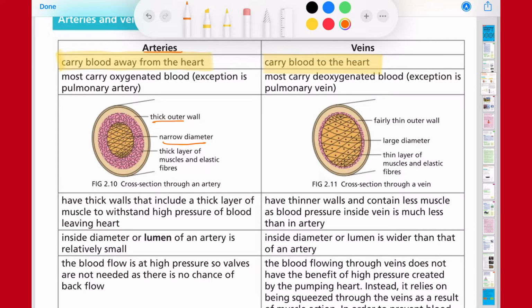So veins have a thinner outside and a wider inner core, whereas arteries have a thick outer wall and a narrower passageway for blood to flow. There is a thick layer of muscle and elastic fibers in your artery, whereas in the vein there is a thin layer of muscle and elastic fibers, and those are structured in such a way to help with their function.